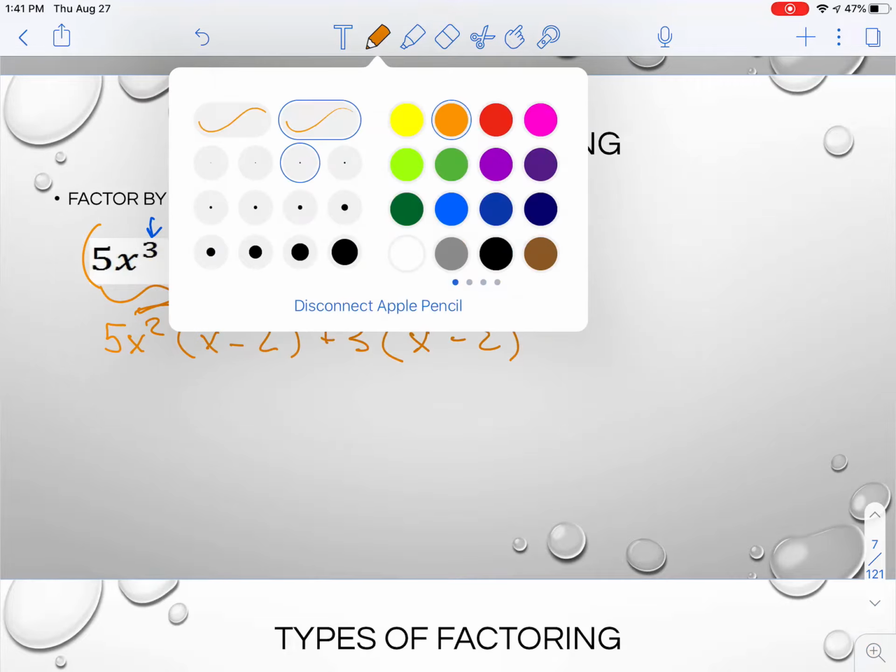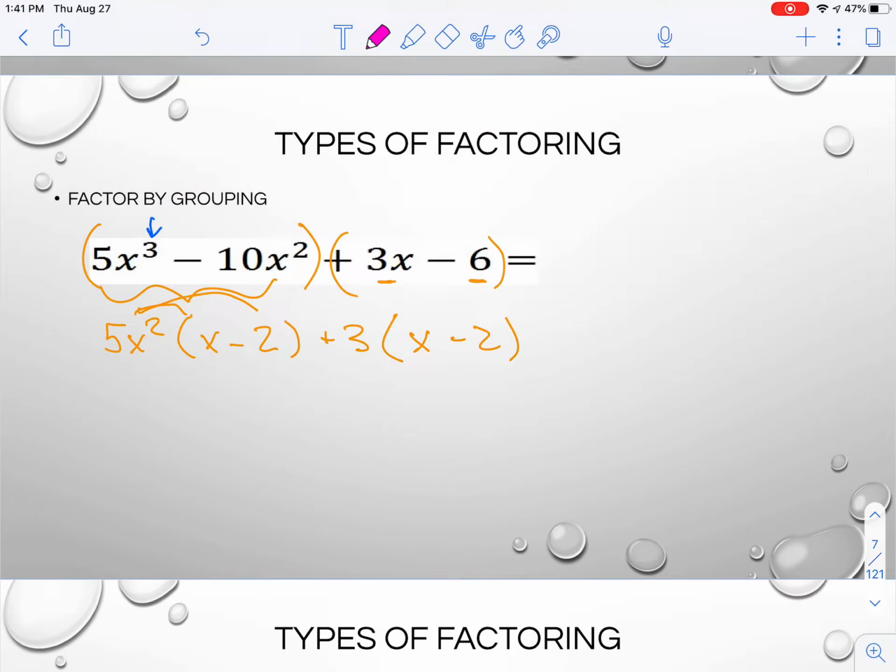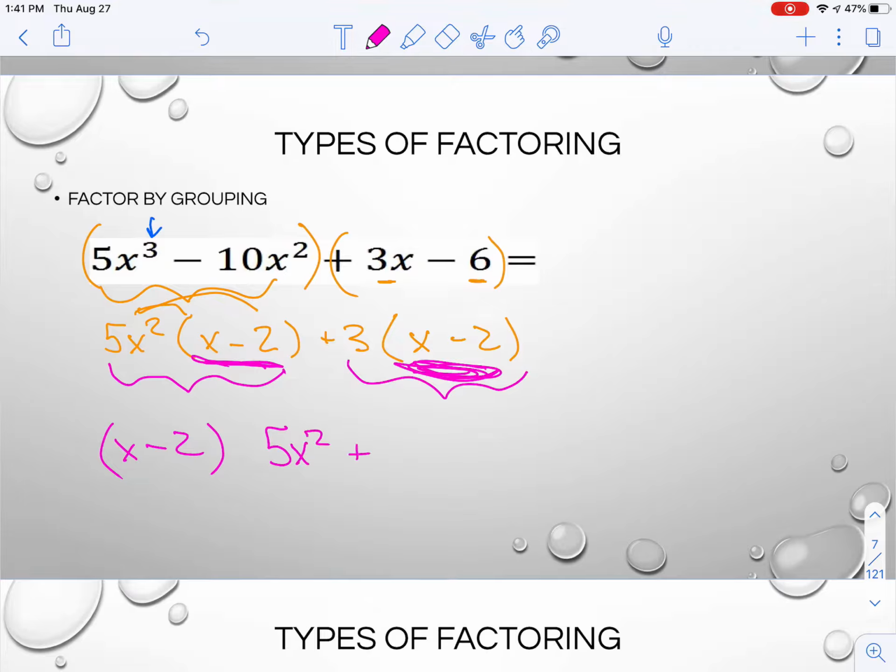Now when we look at this, we can still use the greatest common factor. What factor does this first term have that the second term has? Well, they each contain an x minus 2. So if we pull out the x minus 2 from each term, a 5x squared plus 3 is what remains.